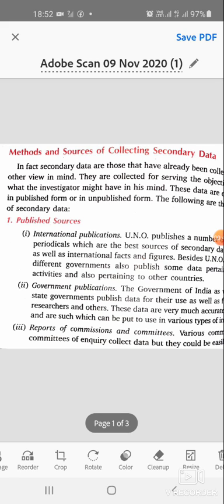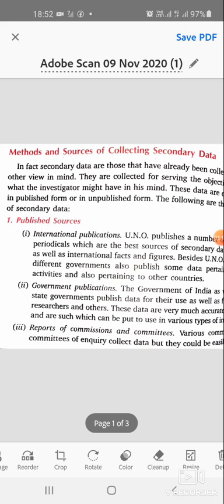We will also discuss different examples of unpublished sources of data. Since this is data collected by someone else, before using it we should be cautious. What cautions do we have to take when using this data?